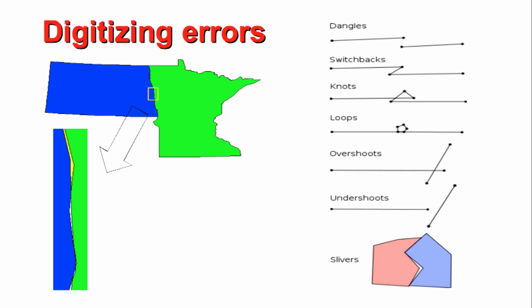It is called switchbacks. Similarly, there is a node which was developed, or there might be a loop which has been developed, though the intention was to have a straight line. Overshoots are there, where it should have started from here, but you over digitized it. Undershoots, where you left off and no link was developed, though everything was intended to be linked here, and these examples were meant to have a straight line.